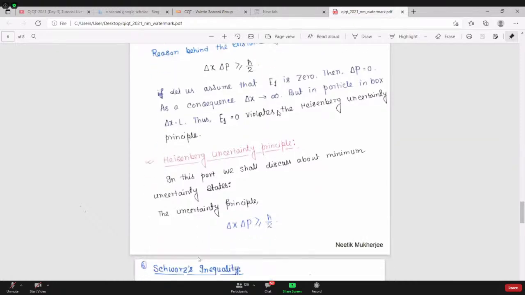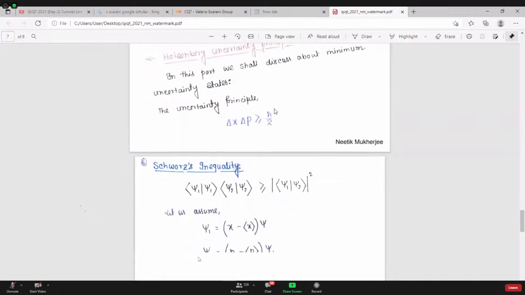Now, our point is the minimum uncertainty state, that means delta x into delta p_x is greater than or equal to h bar by 2. The point is to see for which kind of function or state this delta x delta p_x becomes equal to h bar by 2.